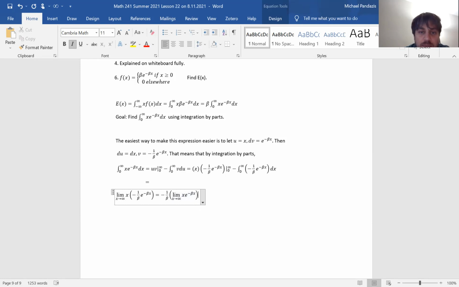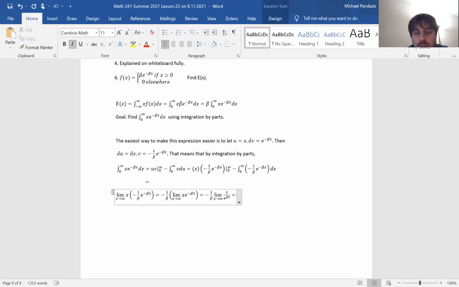That's the same as negative 1 over beta times the limit as x approaches infinity of x divided by e to the beta x, because it's a negative exponent.